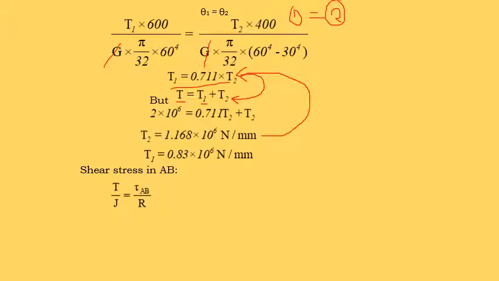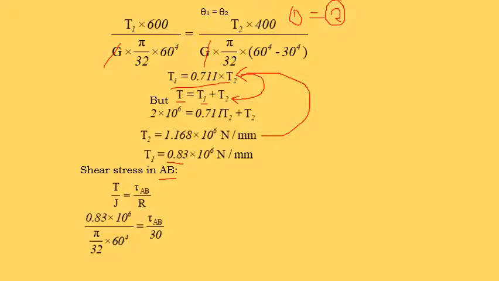Next, to find the shear stress induced in the shaft, let us consider the portion AB. T by J is equals to tau AB by R. So R is nothing but diameter by 2. So T value is 0.83. So T is nothing but T1, because we have considered portion AB as a first portion.